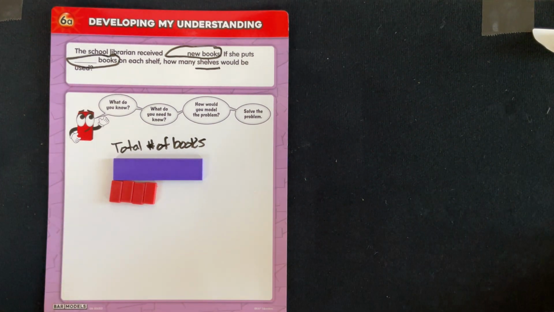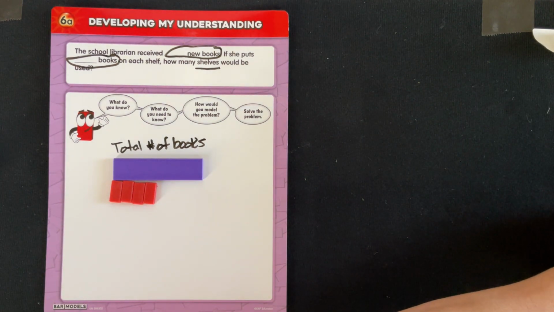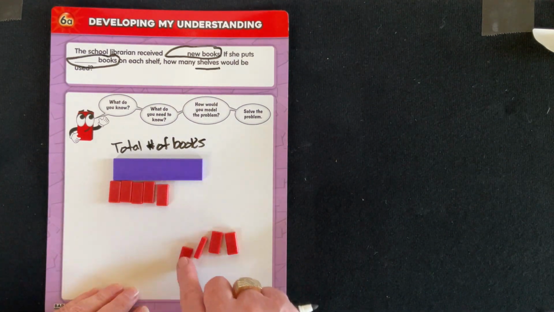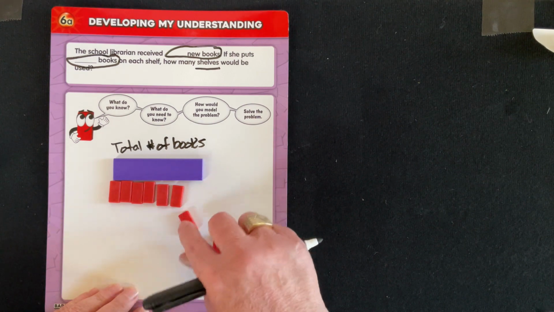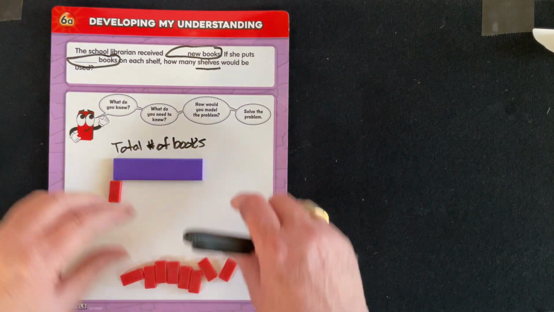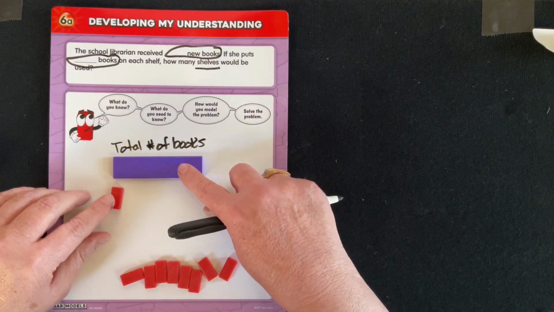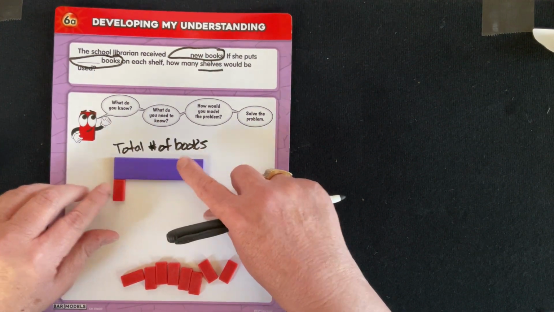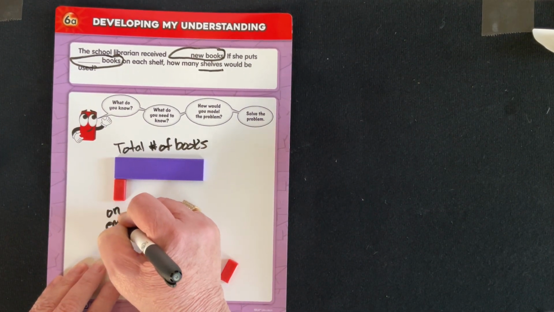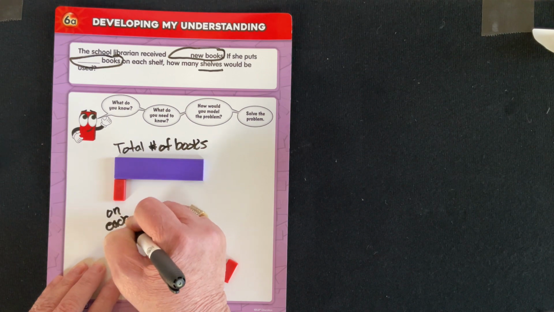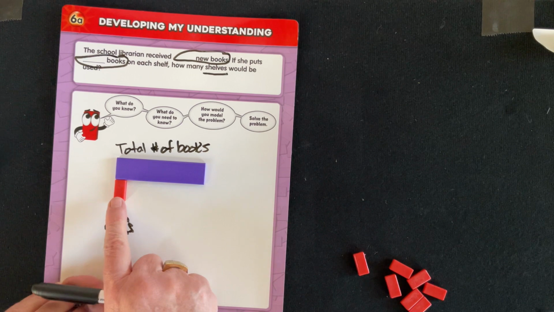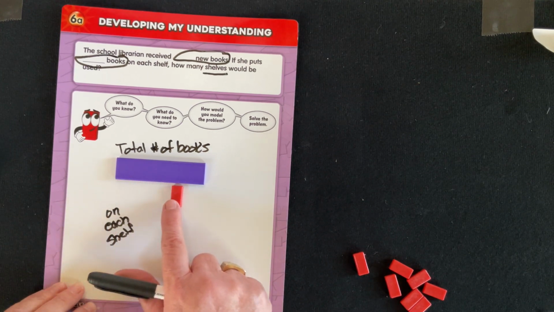In your teacher guide, it tells you just to use the reds to represent the number on each shelf. So basically, sometimes I'm going to show you, this is how I model it. This is what I know. I've got some books, and this is going to be the number on each shelf. And at this point, I don't have any idea how many times this is going to be repeated.